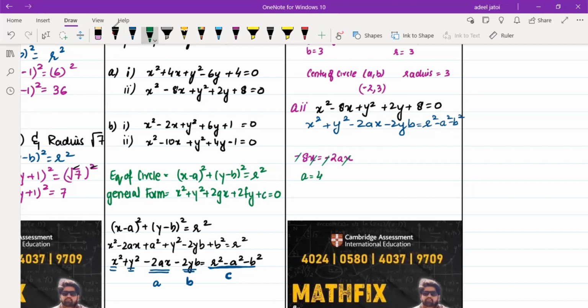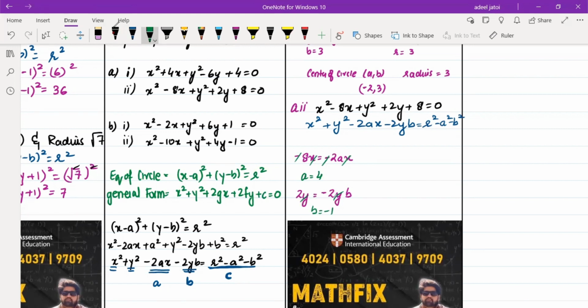Whereas your other comparison will be of y. 2y is equal to minus 2yb. So y and y are cancelled, so b is going to be minus 1.